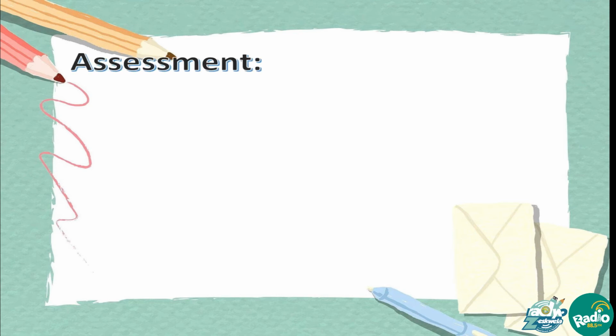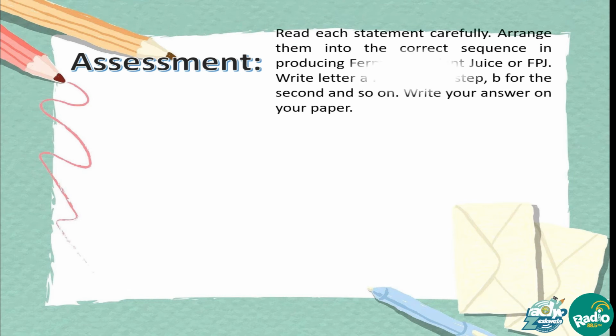As an assessment, read each statement carefully. Arrange them into the correct sequence in producing fermented plant juice. Write letter A for the first step, B for the second step, and so on. Write your answer in your paper.